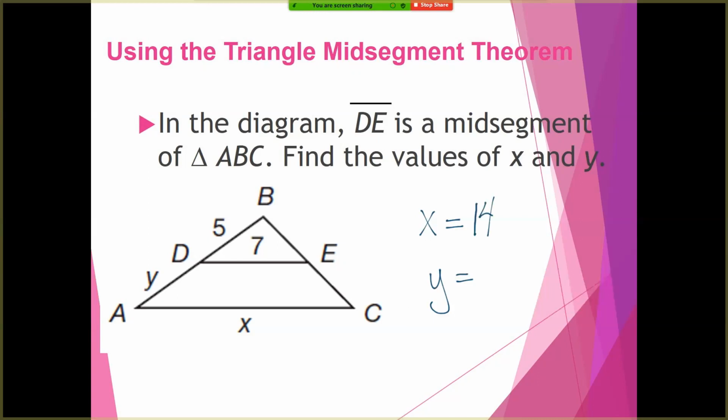X is the base of the mid-segment, which is 7. 7 times 2 gave us that 14. What about Y? 5. So we know since DE is a mid-segment that this must be the middle, which means that AD is congruent to DB, so they both must be 5.